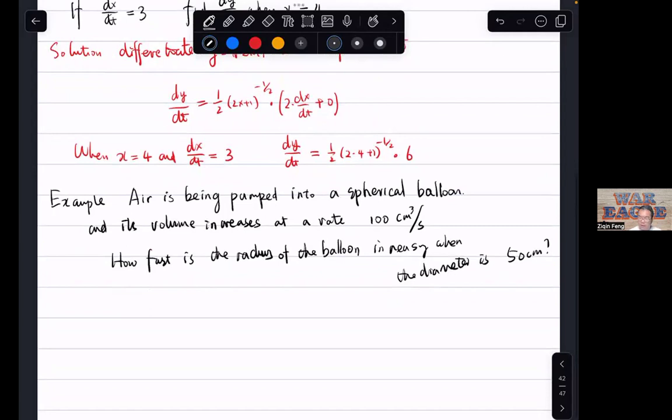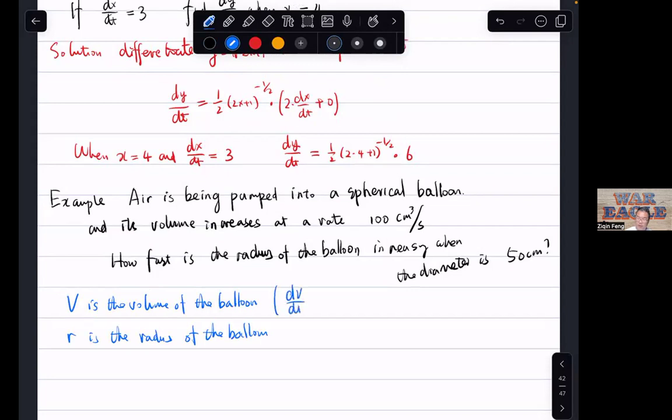So let's write down our notation first. V is the volume of the balloon. r is the radius of the balloon. We know that dV over dt is given. By our assumption, dV over dt is 100 cubic centimeters per second.